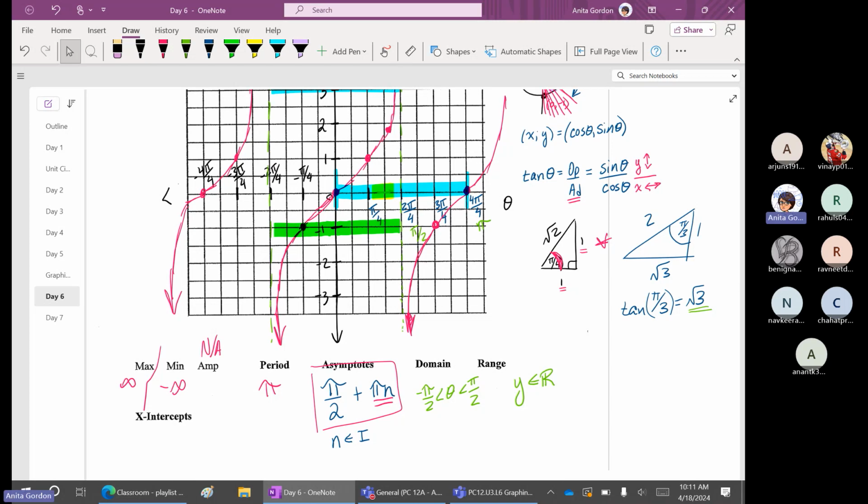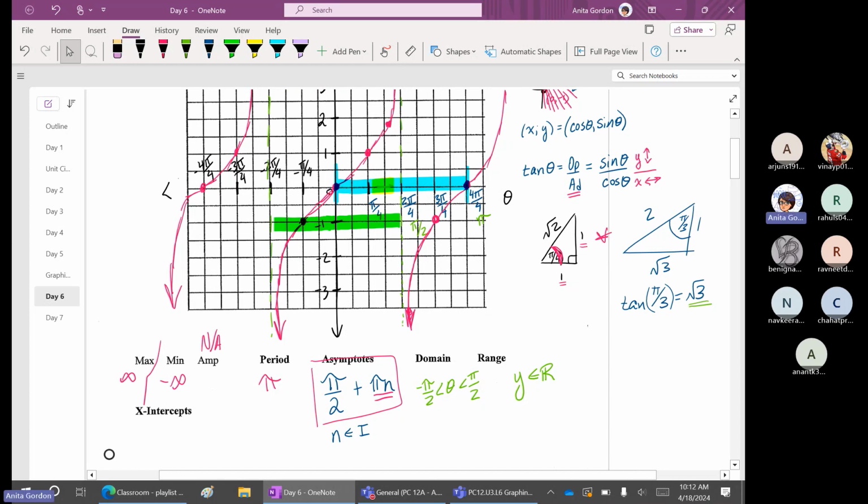Okay, how do I write that? How do I say every time? Where n can be any number. n can be 0, n can be 1, 2, 3, 5, positive or negative.